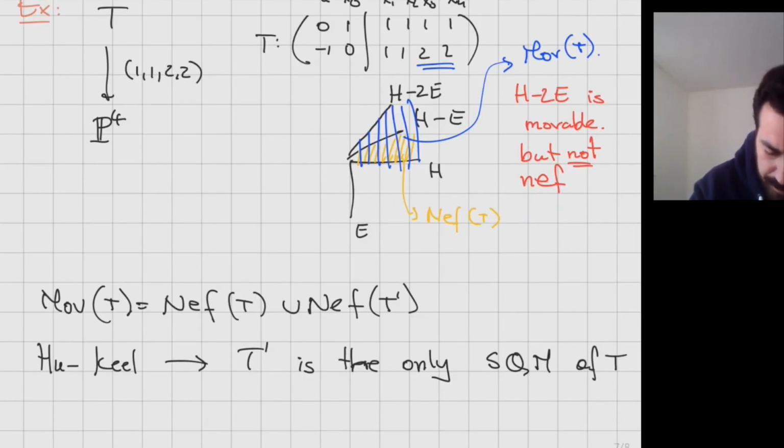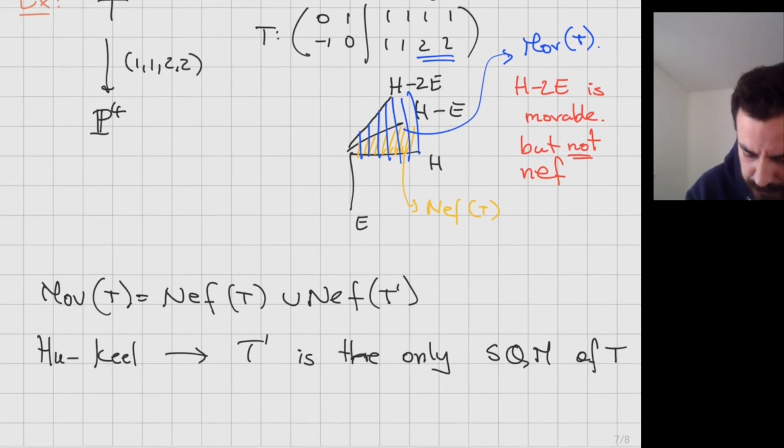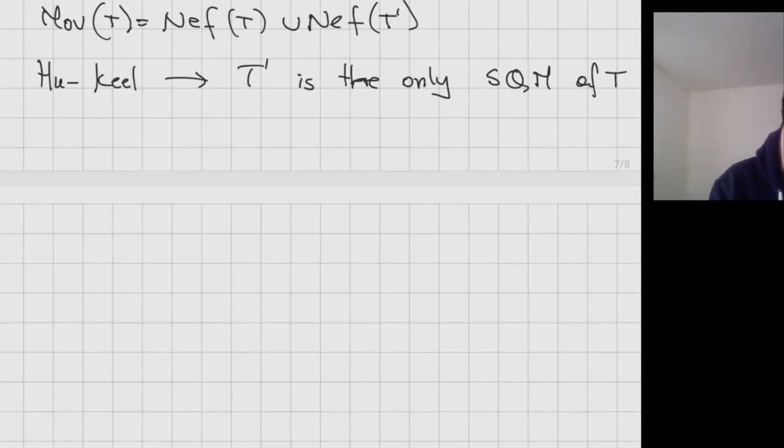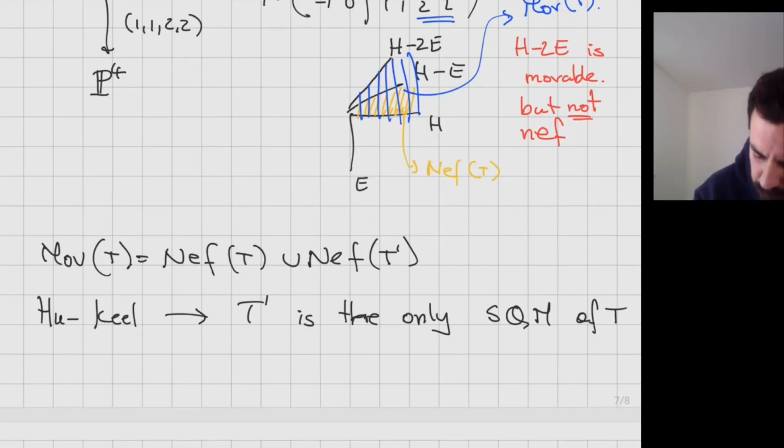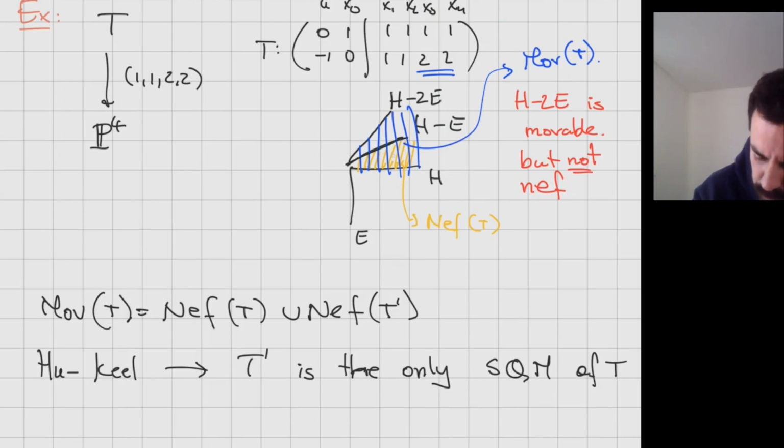Okay. So how do I do this? To go from T to T prime, I have to cross a wall. And to cross a wall, I have to tell you what the contraction given by crossing this wall is.